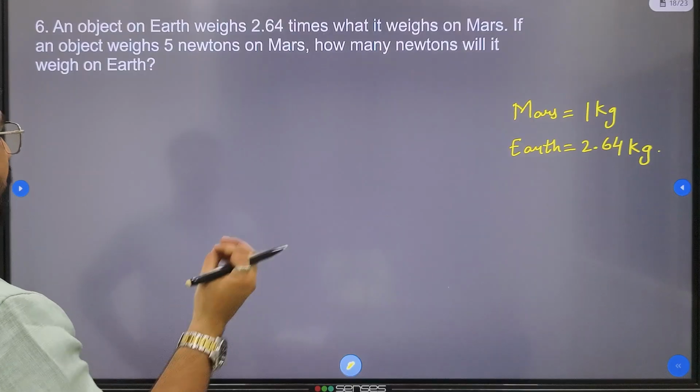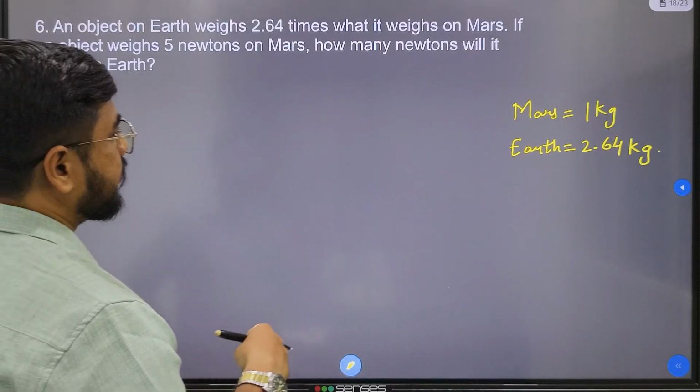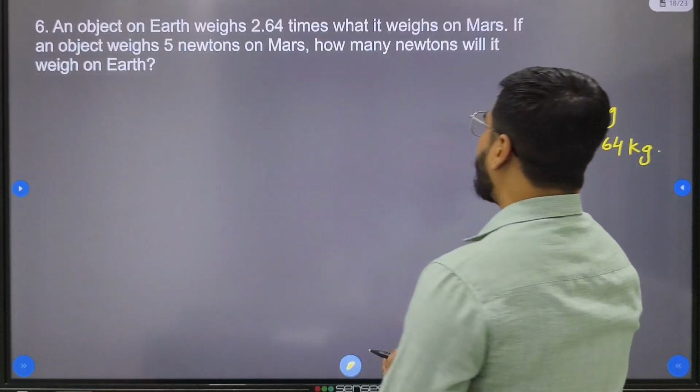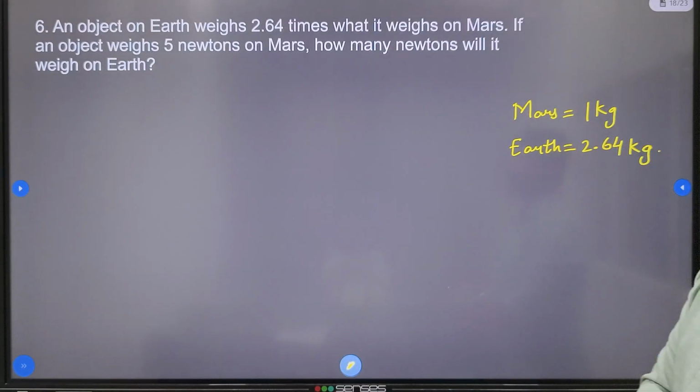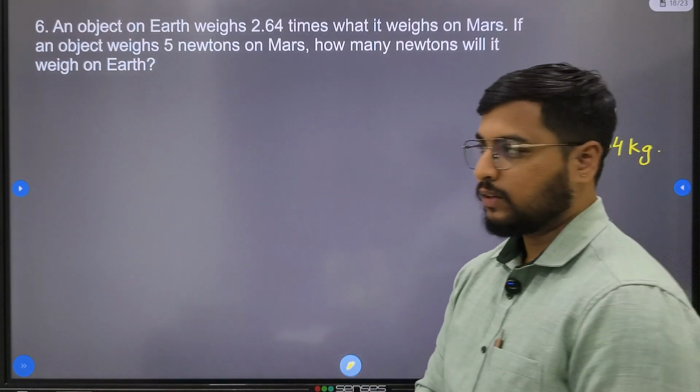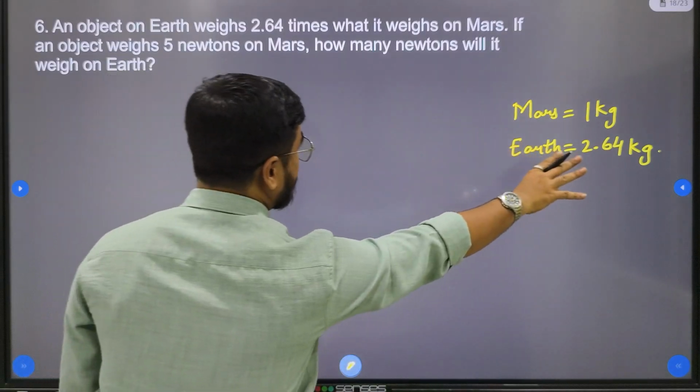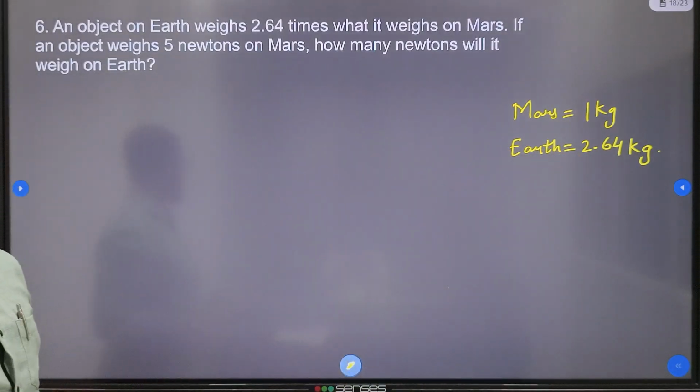If an object weighs 5 newtons on Mars, how many newtons will it weigh on Earth? We can use this method to solve this question.